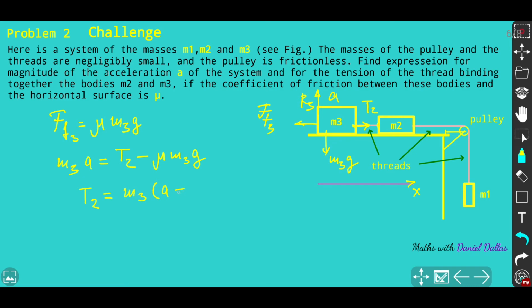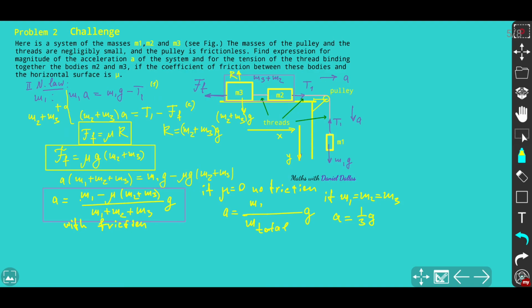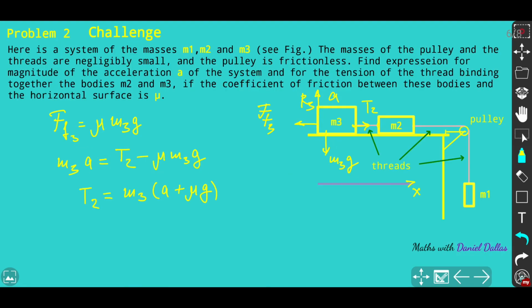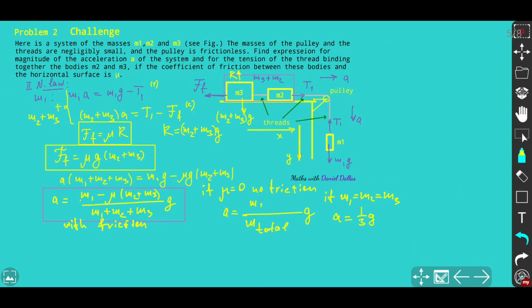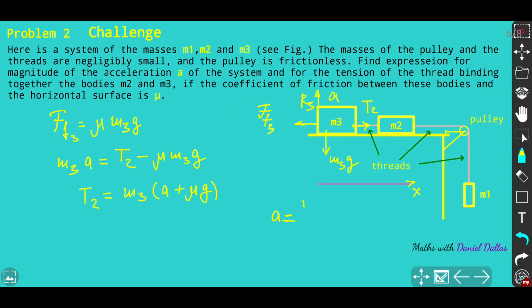If we plug in the expression for the acceleration, so one more time, A equals m1 minus mu, the sum of m2 and m3, times g, divided by the total mass, we'll get another expression for T2. Okay, so we plug this acceleration here.